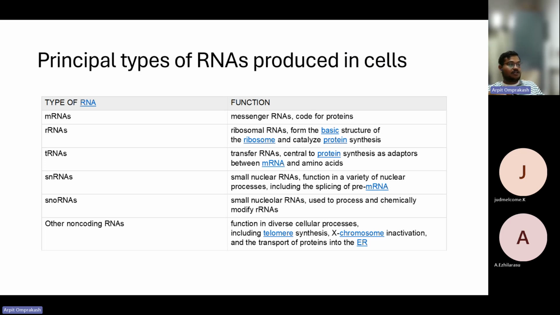We have snRNA or small nuclear RNAs, which function in a variety of nuclear processes, especially in splicing of pre-mRNA. We have snoRNA or small nucleolar RNAs, which are used to process and chemically modify rRNAs. And we have other non-coding RNAs, which function in diverse cellular processes, including chromosome inactivation, transport of proteins into the ER and telomere synthesis, and so on.